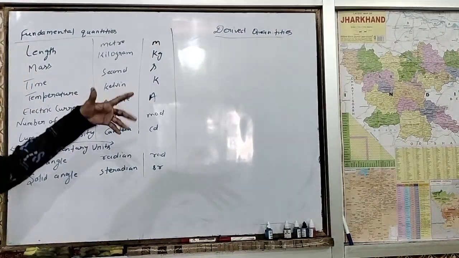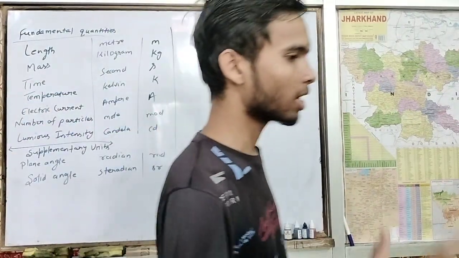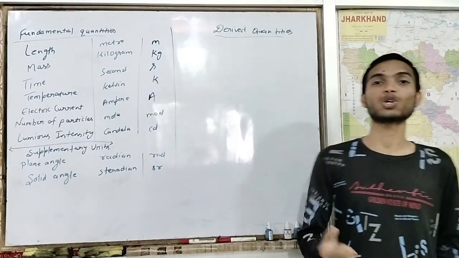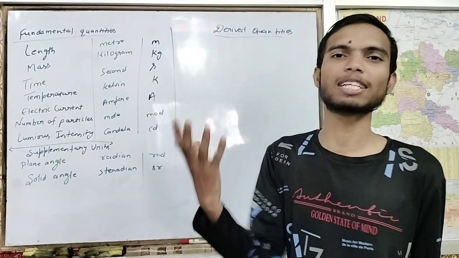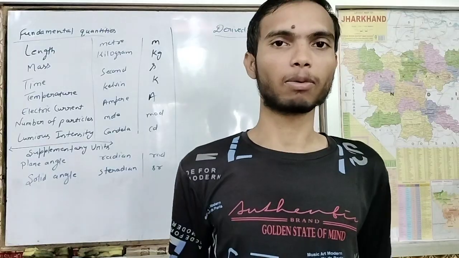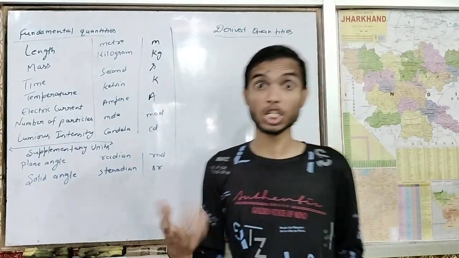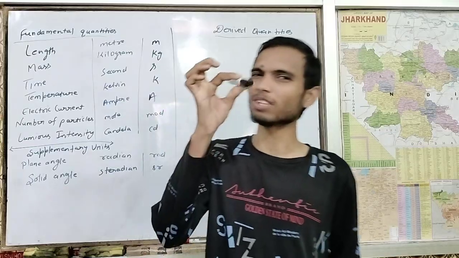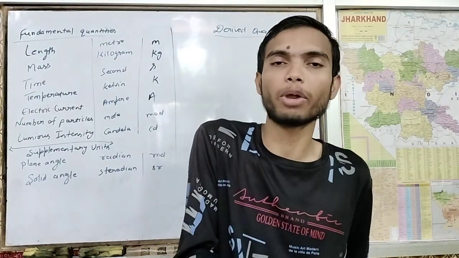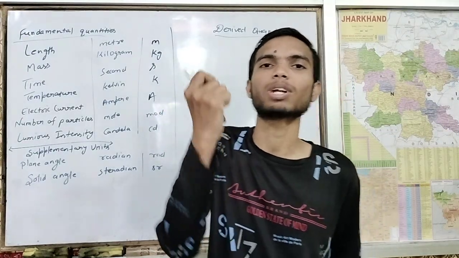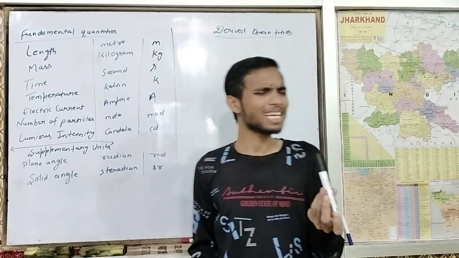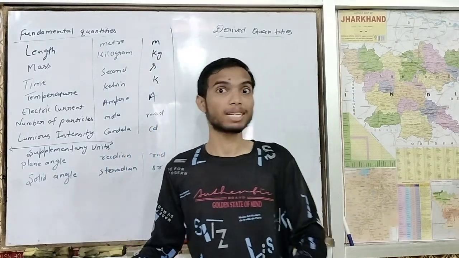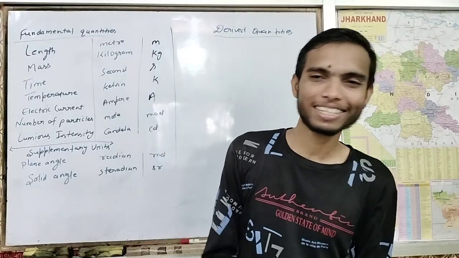Now next we have mass, kilogram. We are not talking about kilometer, we are talking about kilogram. It means we are measuring the mass of an object. For example, what is the weight of this object? What is the mass? It can be 5, 6 gram, 10 gram, at least 10 gram.